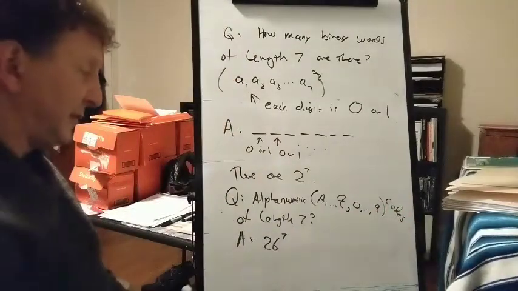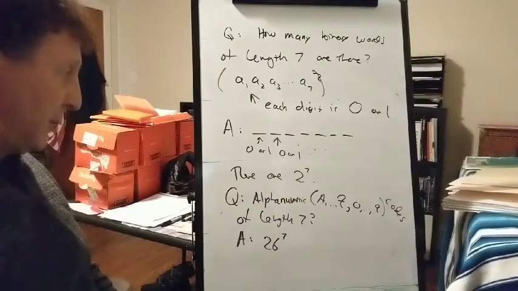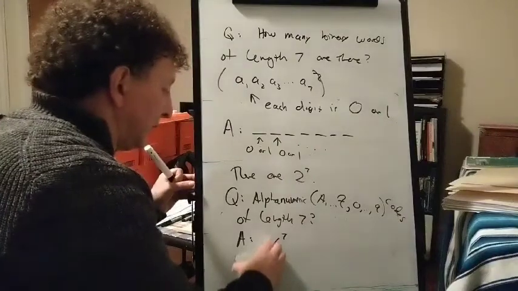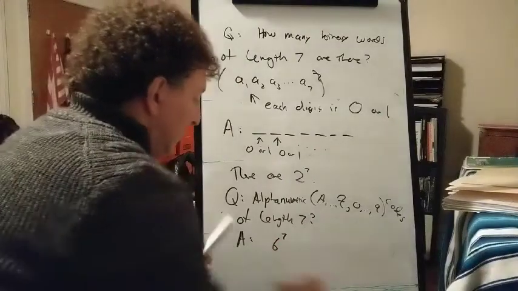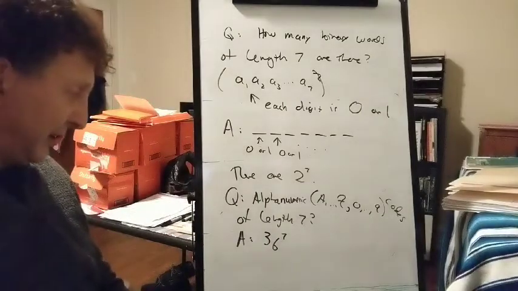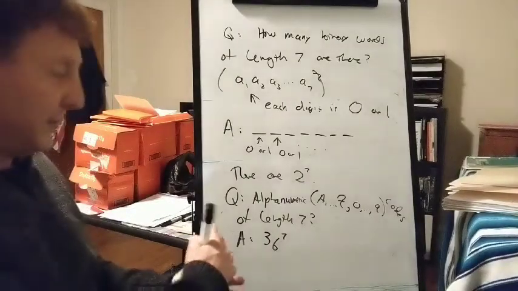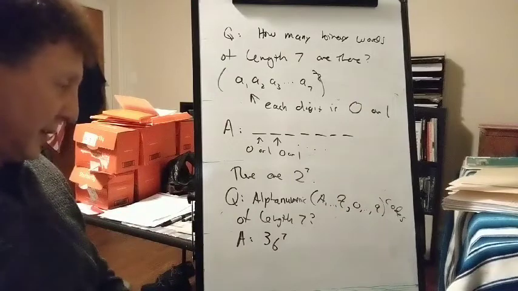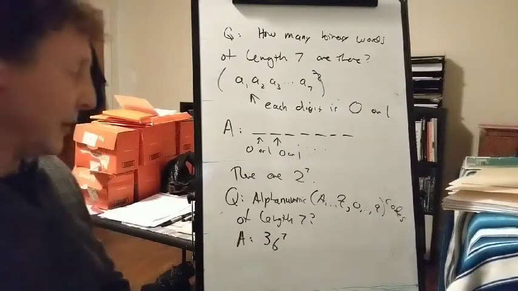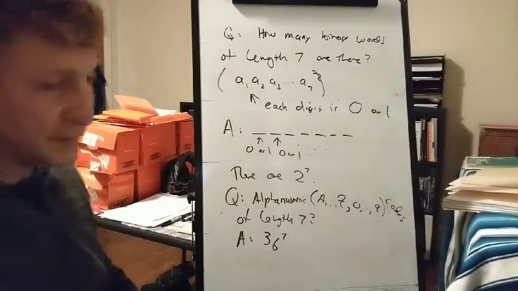Well, now we've got 36 characters to put in each one of the positions, so now it's 36 to the 7th. Again, please don't type that into a calculator and figure out the expansion of it in decimal. I'd rather see 36 to the 7th than whatever that number turns out to be.